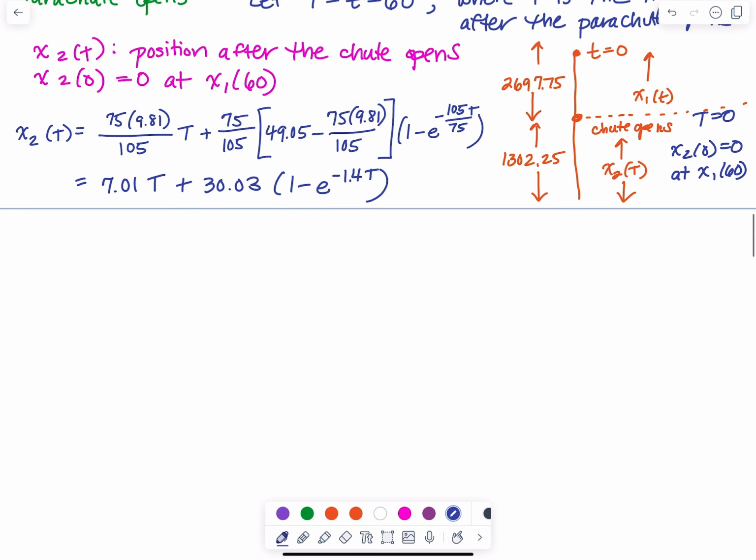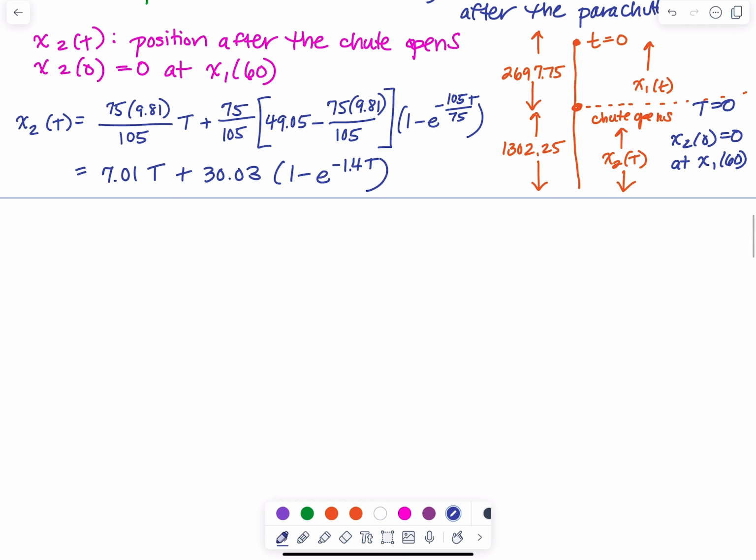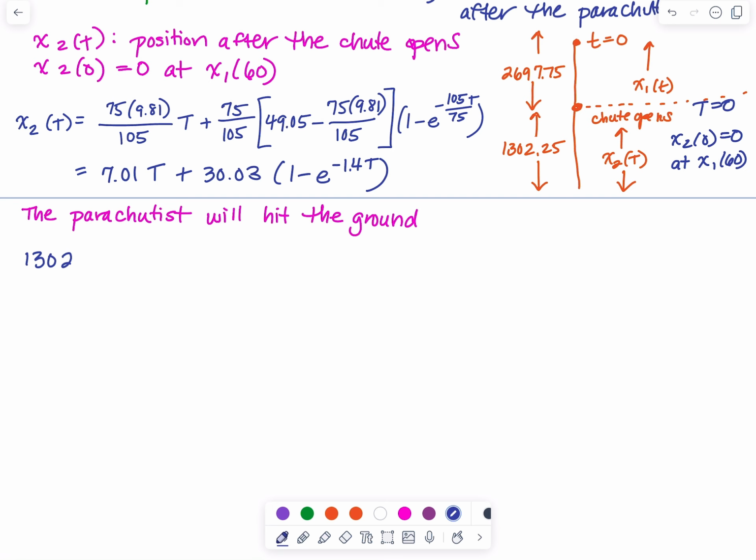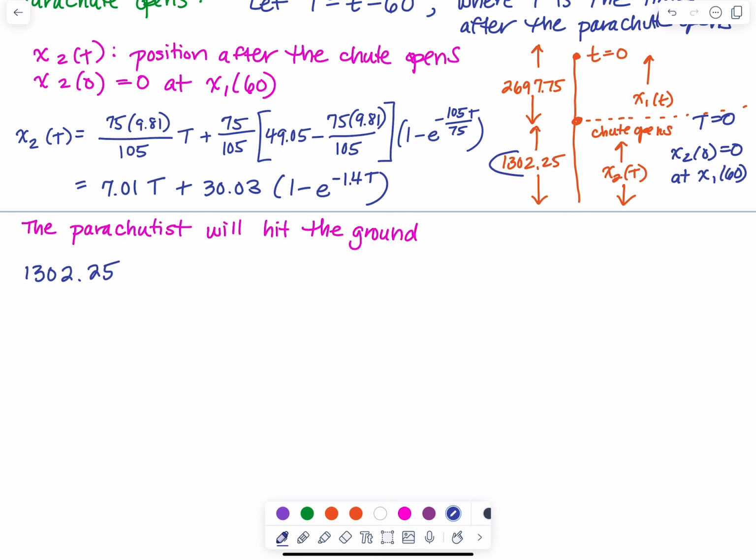Okay, so now we need to determine when the parachutist will hit the ground. That's when we're going to set x2 of t equal to 1302.25. That is this distance right here to the ground.